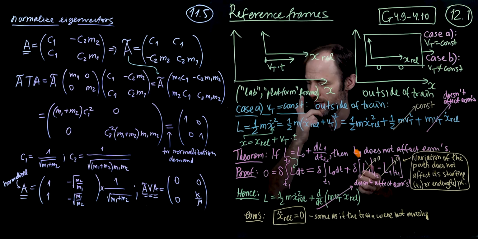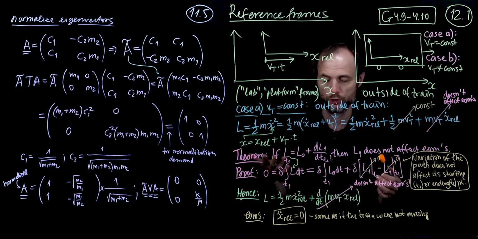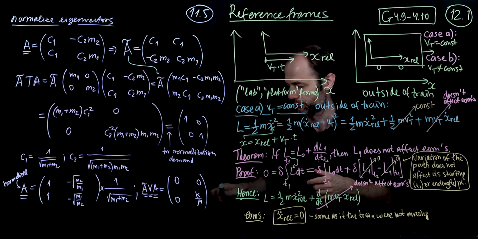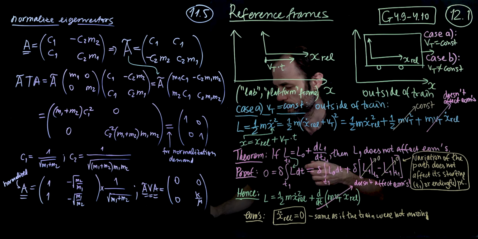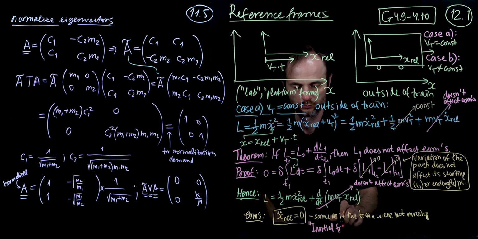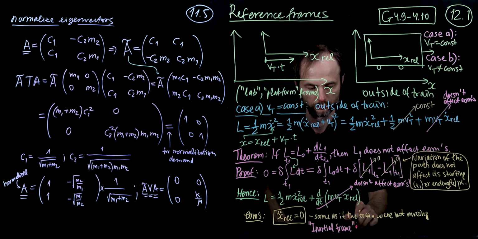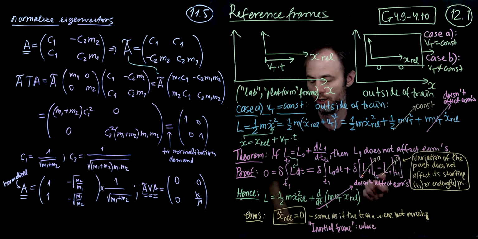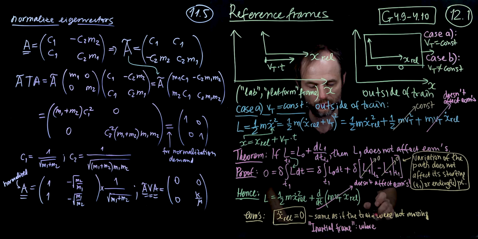So this sort of frames are called inertial frames. It's a frame where the Lagrangian has this form.